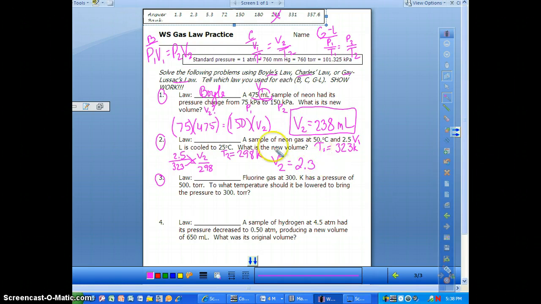We're solving for volume. V1's units are liters this time, so V2 is also liters. Alright, and we've got volumes and temperatures here. Anytime you compare the volume variable to the temperature variable, you know you're going to use Charles' law.